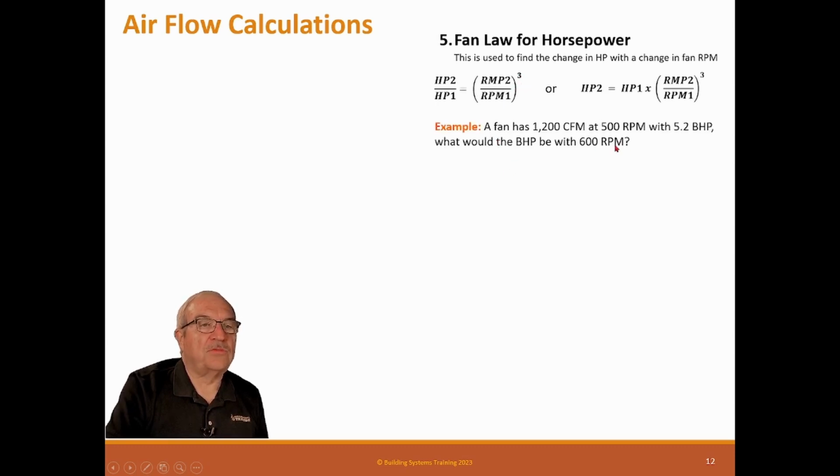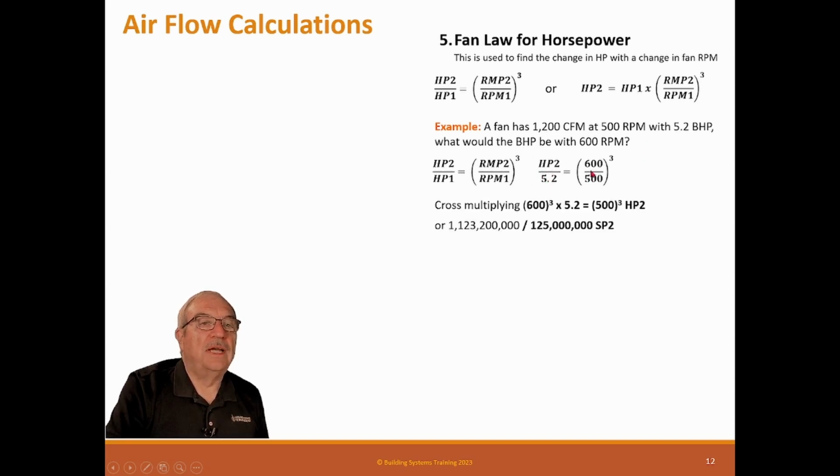So if a fan has 1200 CFM at 500 RPM with 5.2 brake horsepower, what would the brake horsepower be at 600 RPM? So there's a formula. We stick in our numbers, which is 5.2 and 600 over 500 cubed. So cross multiplying, we get 600 cubed times 5.2 equals 500 cubed times HP2.